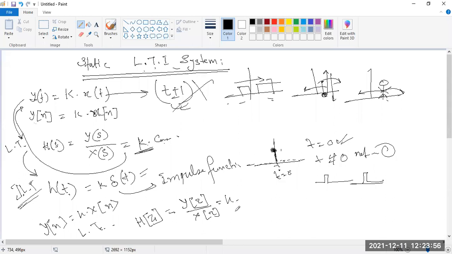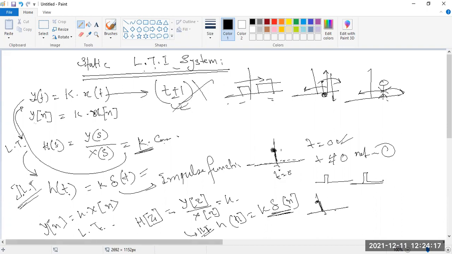If we again take the inverse transform, we get h of n, again an impulse function situated over here.